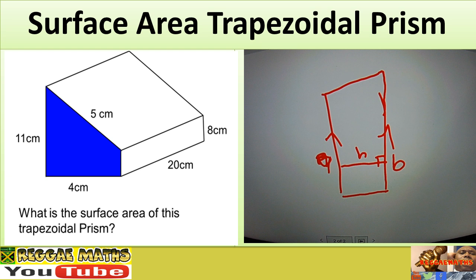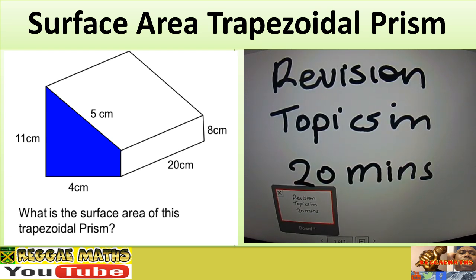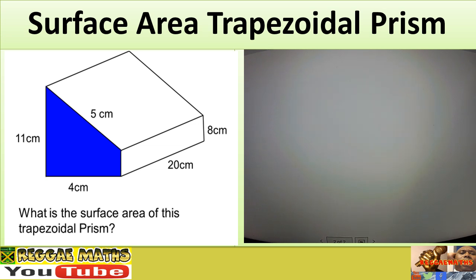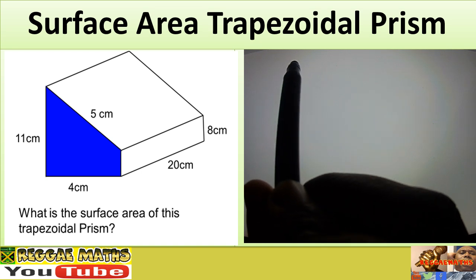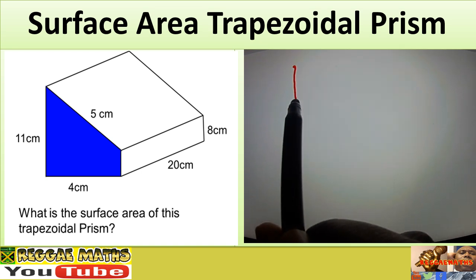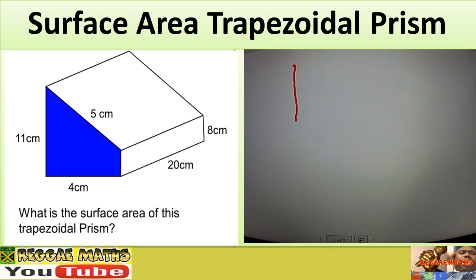If we look at this carefully, you can see this is a trapezium, so we need to work out the area of the trapezium, and we need to work out the area of all the faces. So if I go through this and identify the trapezium first, I'm going to sketch the shape, but you can do this quite happily.